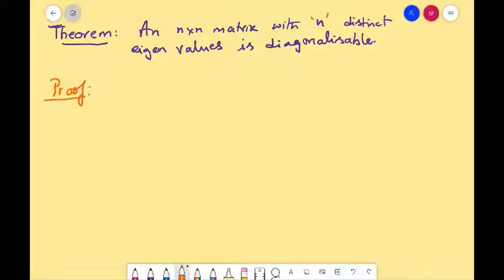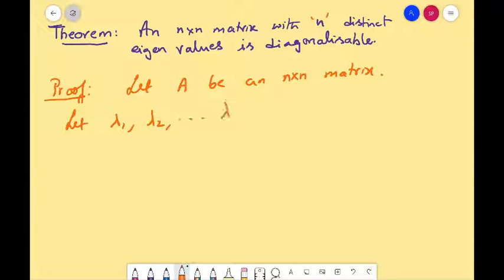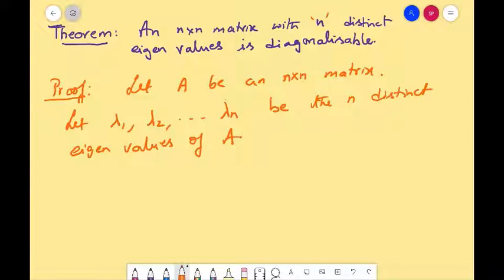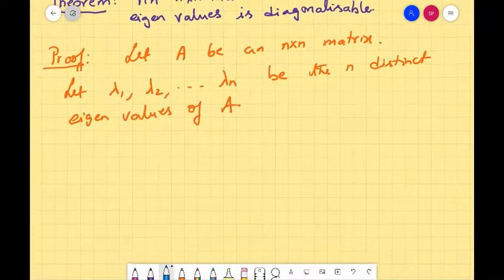You are given the matrix. Let A be an n by n matrix. Let lambda 1, lambda 2 and so on lambda n be the n distinct eigenvalues of A. Now, if they are n distinct, that is what we have to take.